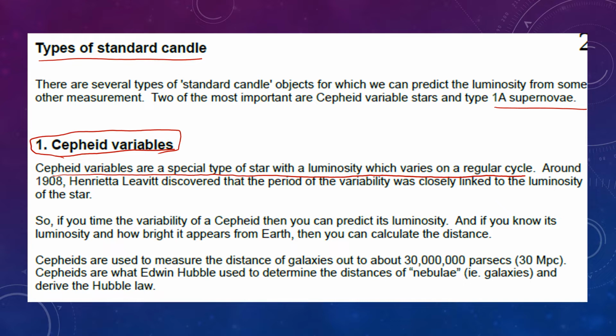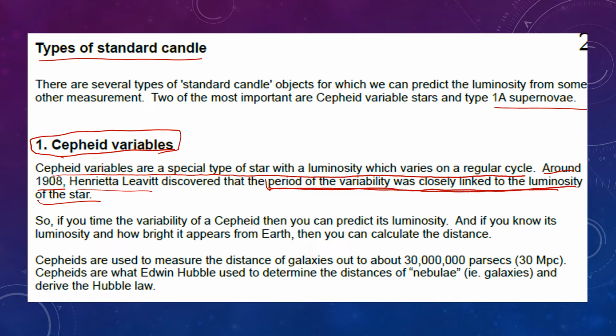So scientists have developed a relation between the time in which the luminosity is changing and the value of the luminosity. Around 1908, Henrietta Leavitt discovered that the period of variability was closely linked to the luminosity of the star. This is important: period of variability closely linked to luminosity of the star.